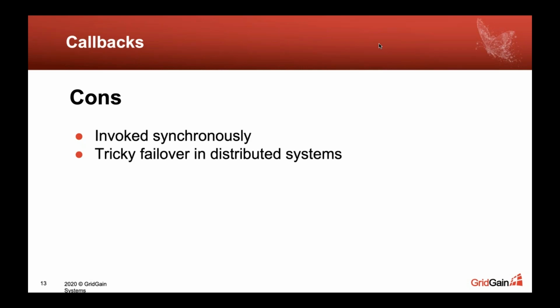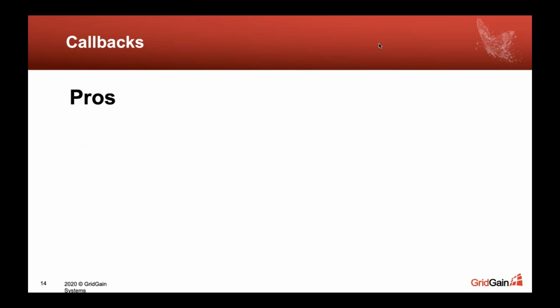When we talk about a distributed system, a callback is also tricky to handle with respect to failover, because if your callback has any side effects, things become very complicated. In case of failover, your callback may be executed more than once, and in this callback, you need to make sure that the actions that you run do not cause any duplicates in these side effects or in any external system you communicate with.